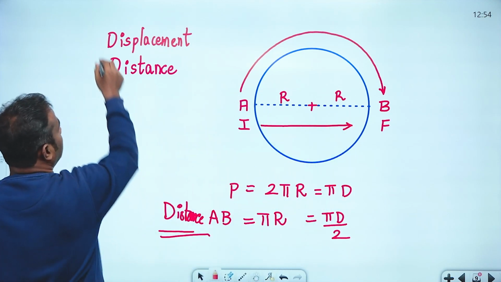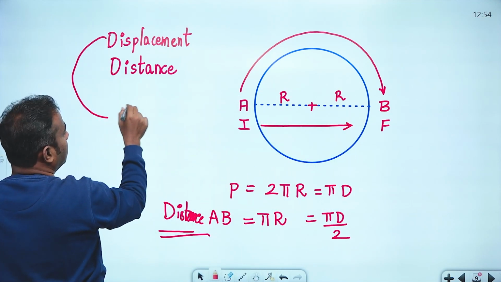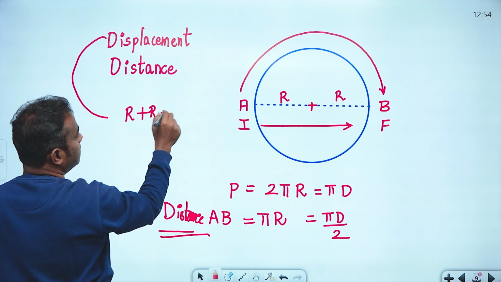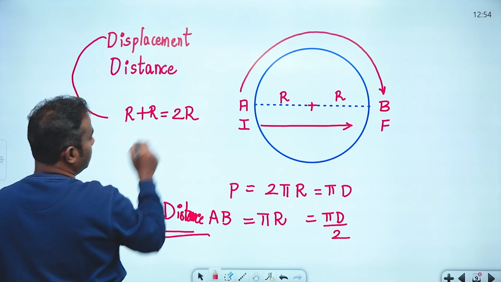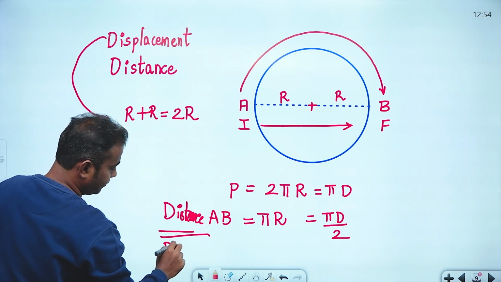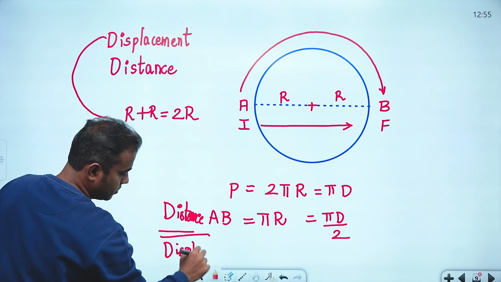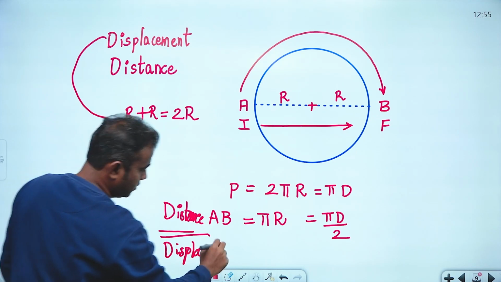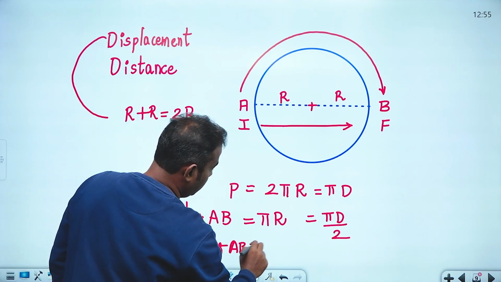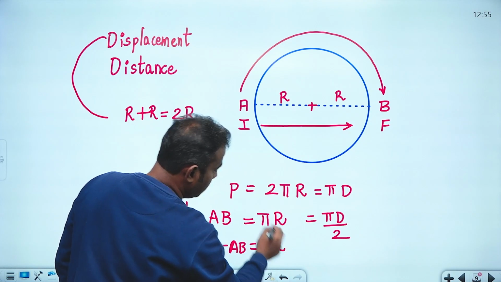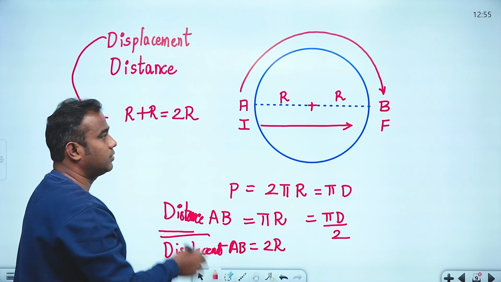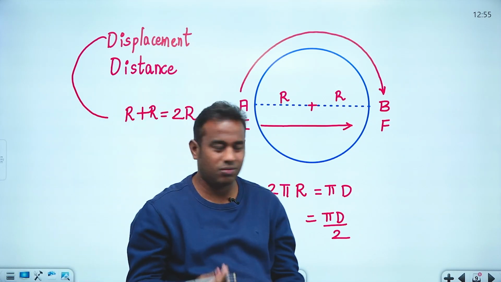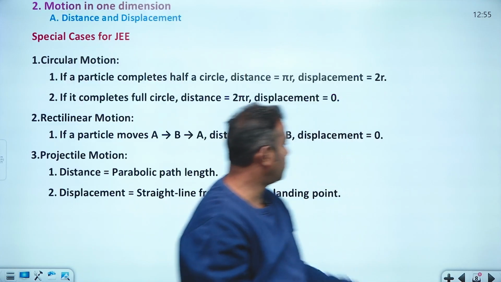So the displacement here is radius plus radius, which becomes 2r. So the displacement from A to B is 2r, whereas the distance is pi r. That's one of the special cases that you need to keep in mind.